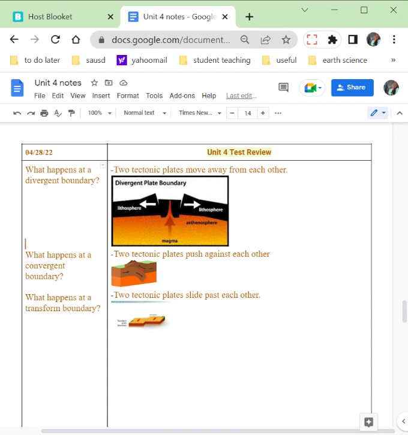Same thing here with our Earth, and when the plates are moving away from each other, there eventually becomes like a crack or like a hole in the surface, and that allows for magma to kind of seep through and kind of set itself there and potentially form a volcano.